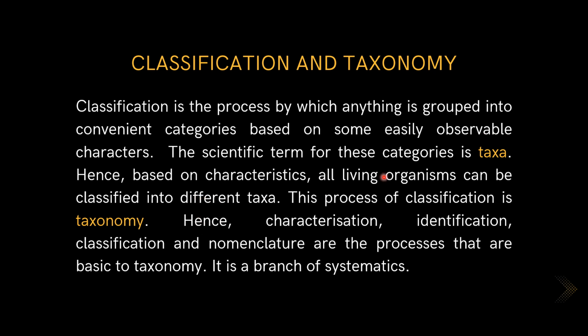Hence, based on characteristics, all living organisms can be classified into different taxa, and this process of classification is known as taxonomy. So characterization, identification, classification, and nomenclature are the processes that are basic to taxonomy. And taxonomy is a branch of systematics. And systematics we'll be studying in the next slide.